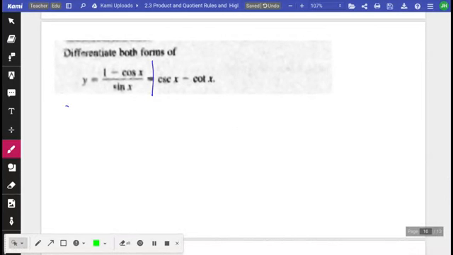And so on the left side, when I do this derivative, I will have to do the quotient rule. So I will do low d high; the derivative of 1 is 0, so I won't write it. The derivative of cosine is negative sine, but it already has a negative, so it's going to be positive sine. So low d high minus high d low, and the derivative of sine is cosine x.